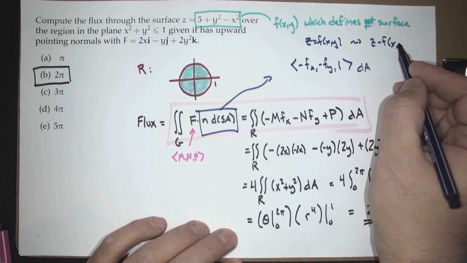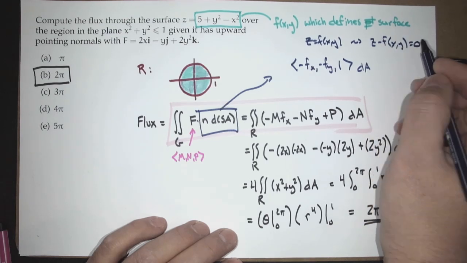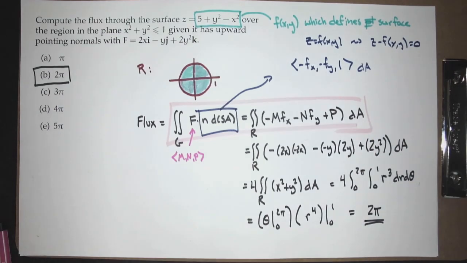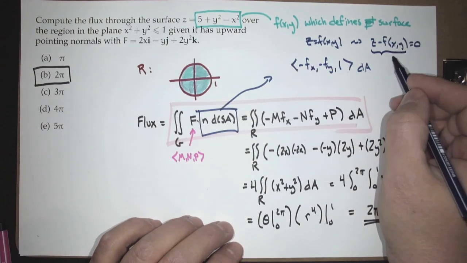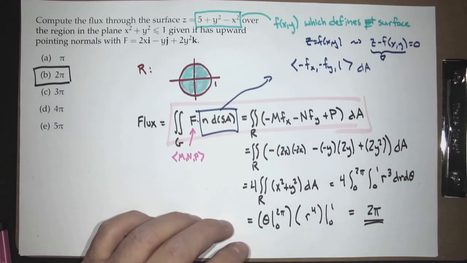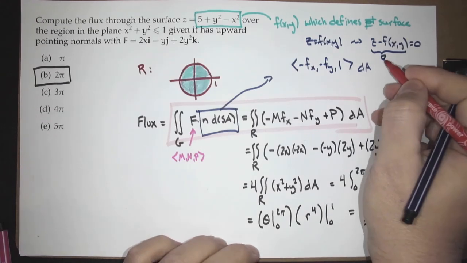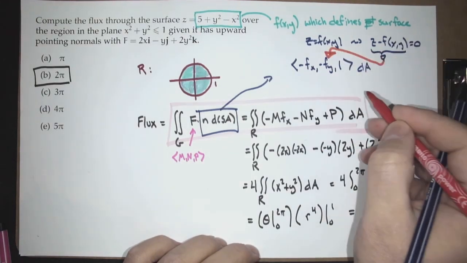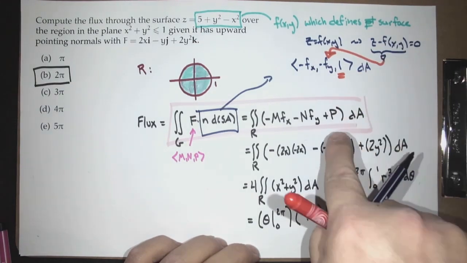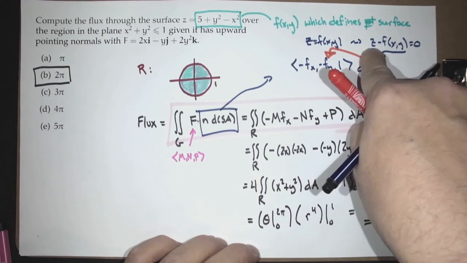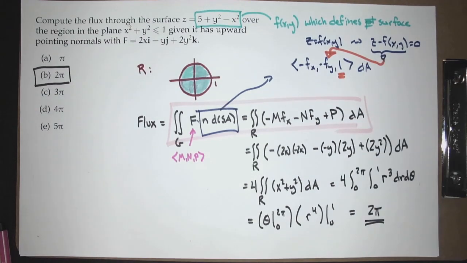So if you take z equals f of x y and move the f of x y across, you get z minus f of x y equals 0. Then when you take the gradient of this, that gives you your perpendicular vector. That's your normal vector for tangent planes. And that is what you see being stored here. So the reason that you don't see anything in front of the P is because there's just a single z, and the derivative of that is 1.